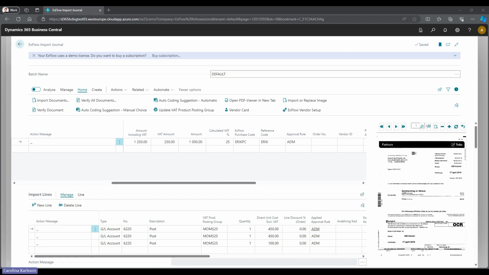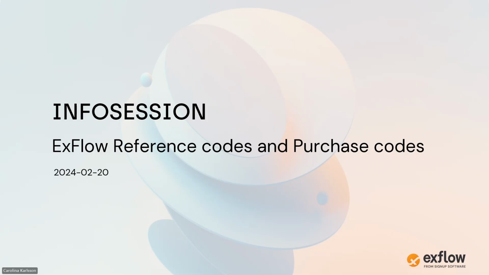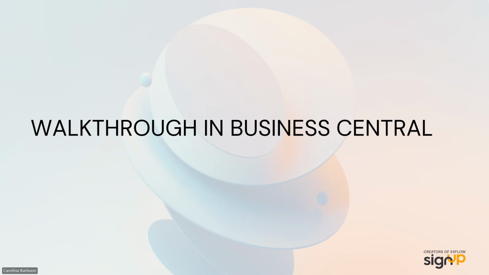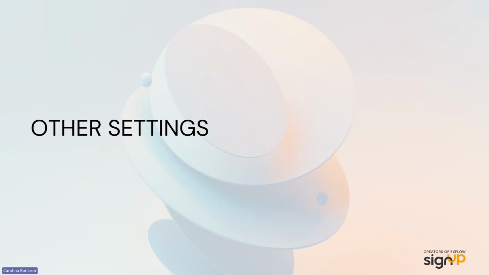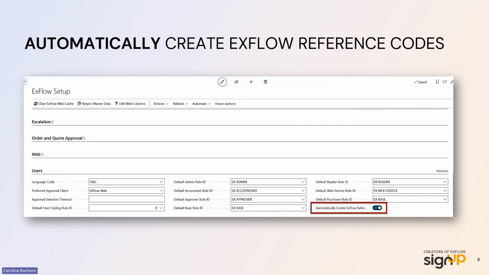Now let's go back to the PowerPoint. So I mentioned some other settings. One of the settings is that you can automatically create ExFlow reference codes when you create an ExFlow user.